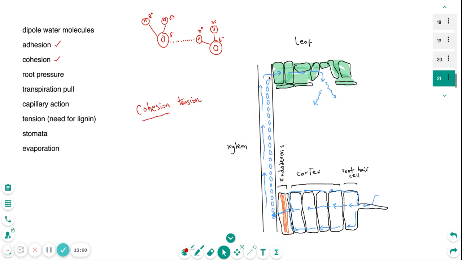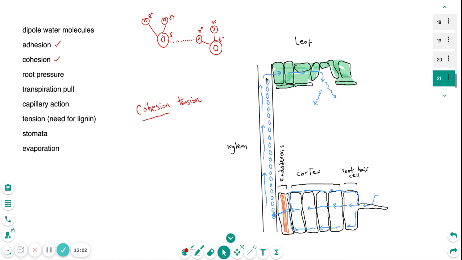So because water's being pulled out of the xylem into the leaf, I want you to imagine if you were to put your finger at one end of a straw and then put your mouth at the other end of the straw. If you then suck the straw, the sides of the straw get pulled in and it closes up.